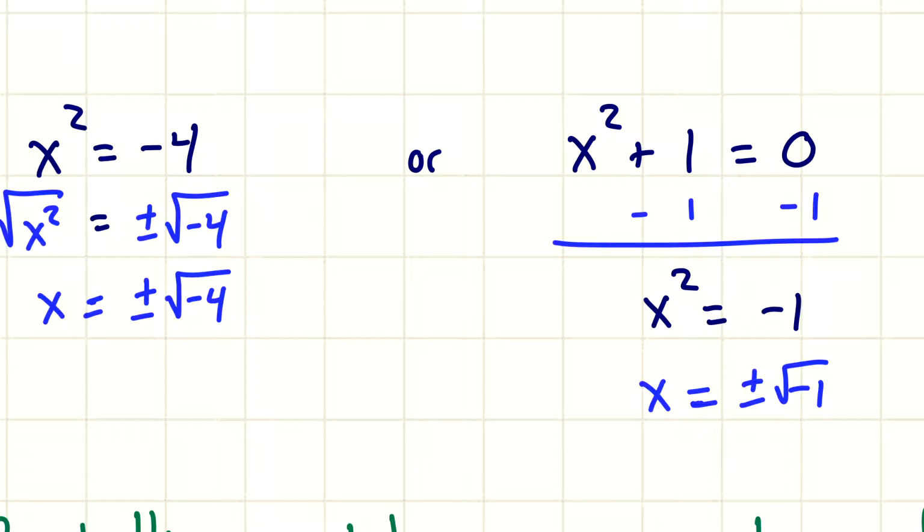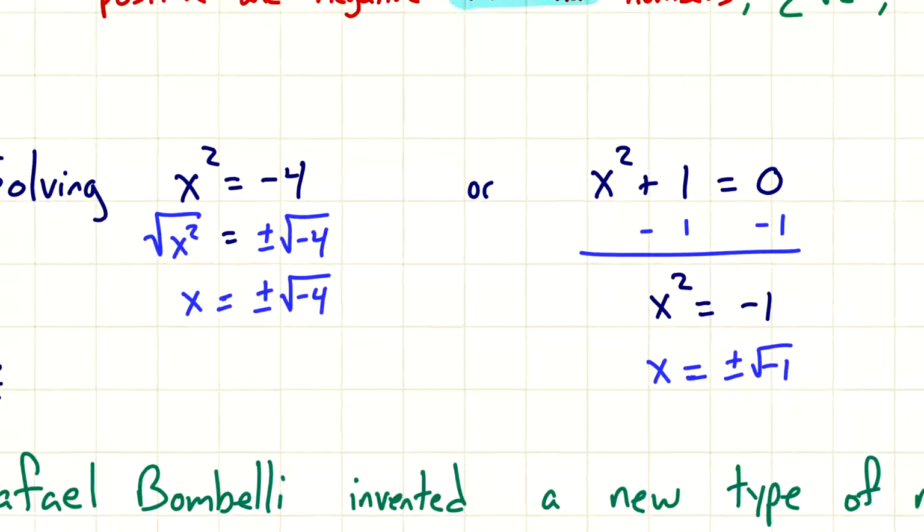We were able to find solutions, but in previous lessons, I would tell you, really the answer is there's no real solution. I kept saying there's no real solution, but it is a solution. It's just not a real one. So what did I mean by that?